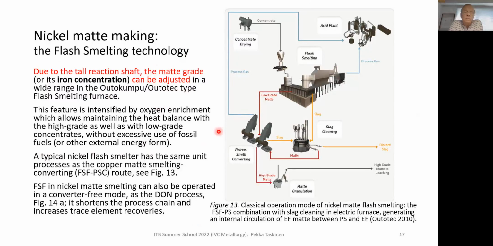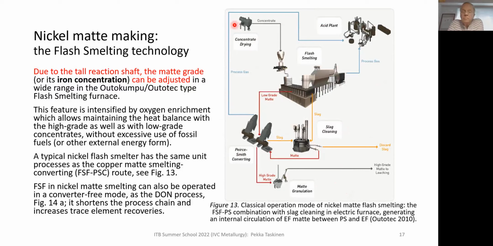So the traditional nickel flash smelting process and smelter is pretty similar to the traditional copper matte smelting process.